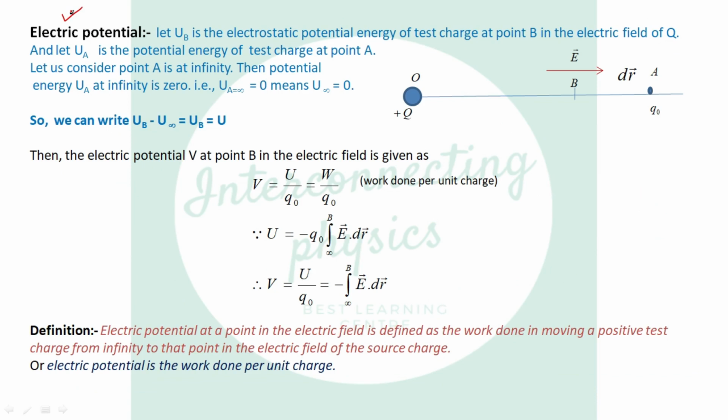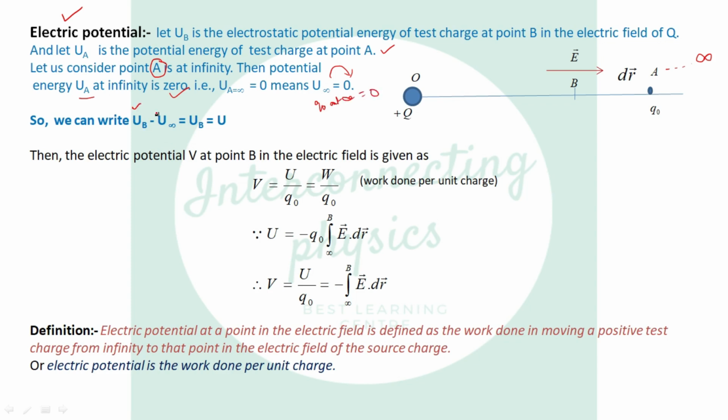Now, what is electric potential? Again, let us consider U is the electrostatic potential energy of the test charge at point B, and UA is the electrostatic potential energy of the test charge at point A. Let us consider point A is at infinity. Then the potential energy UA at infinity will be 0, because we don't know where infinity is. So the electrostatic potential energy of test charge Q naught at infinity is 0.